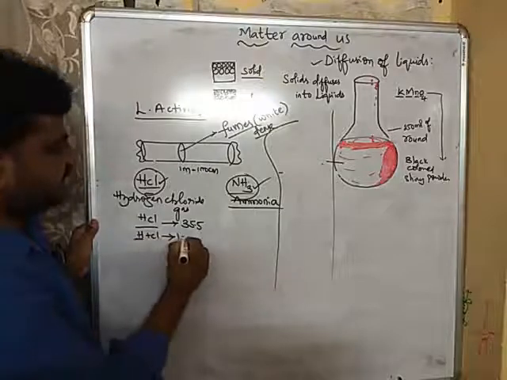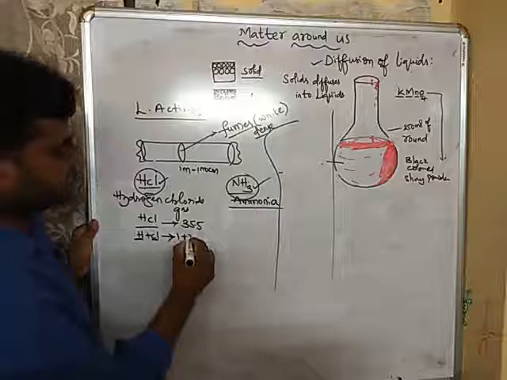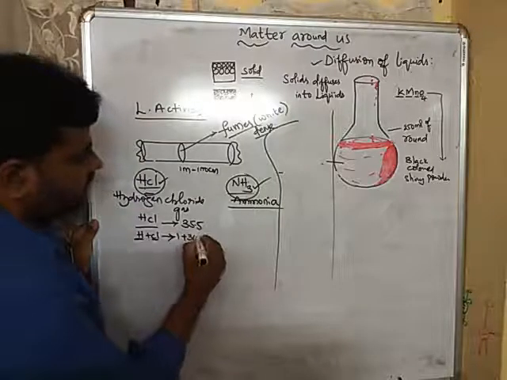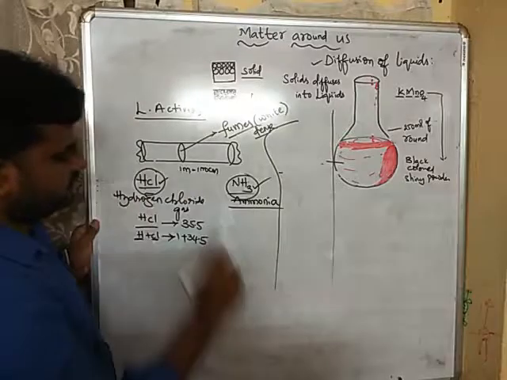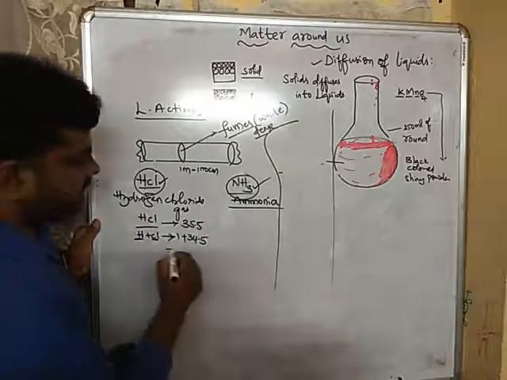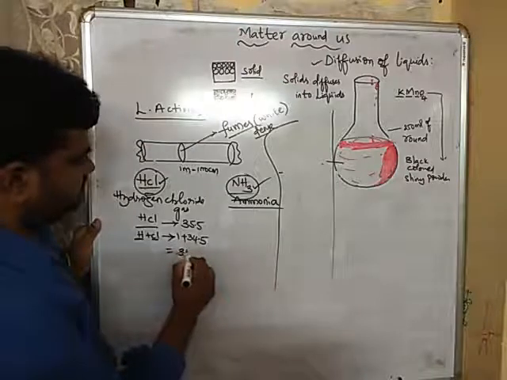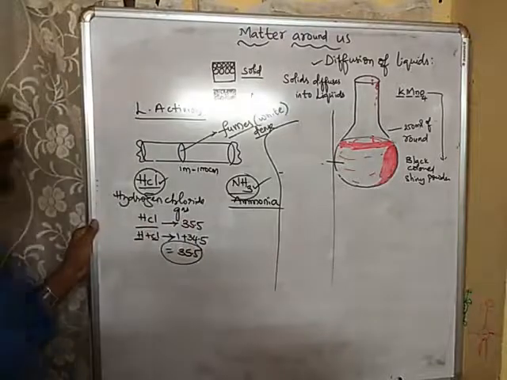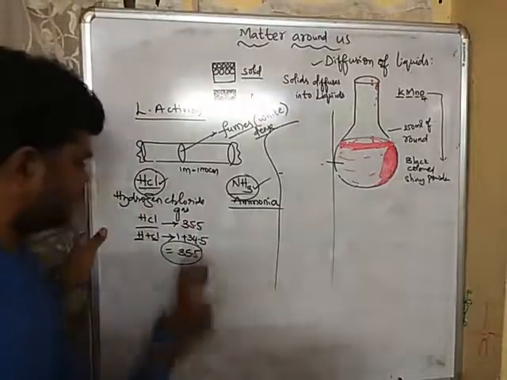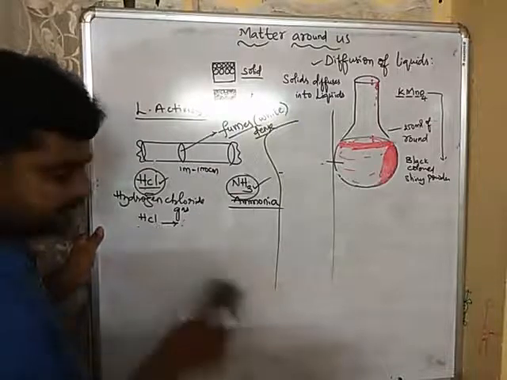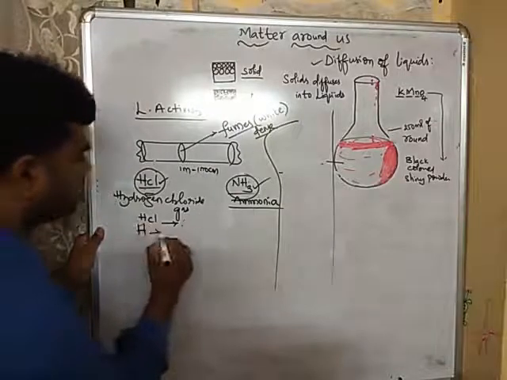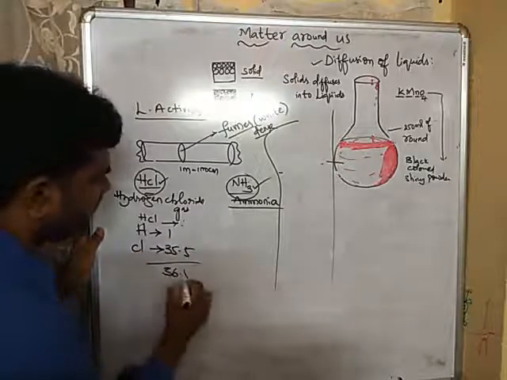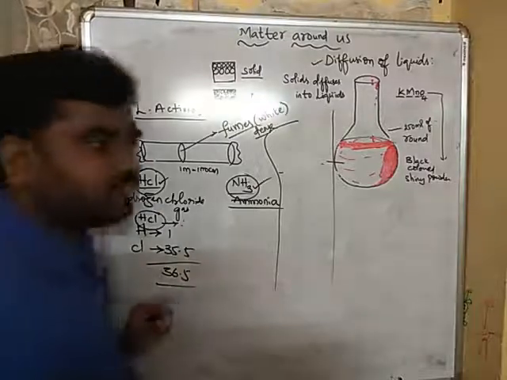Hydrogen's atomic weight is 1 and chlorine's atomic weight is 35.5, so the total molecular weight of HCl is 36.5.